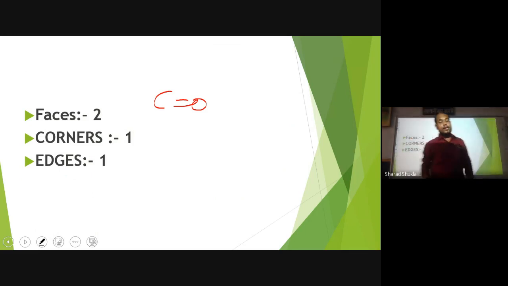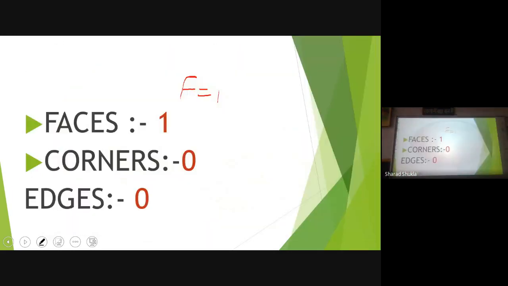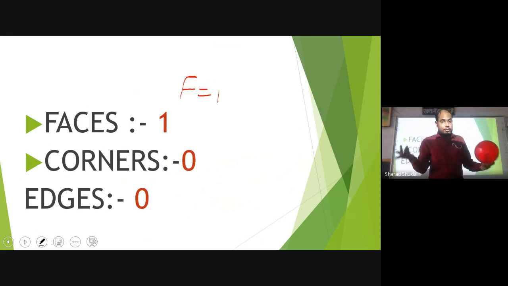And what is the definition of edges? The definition of edges says that it is where two faces meet. But if you notice that here there is only one face, it means that our edges is 0, because we have no two faces.